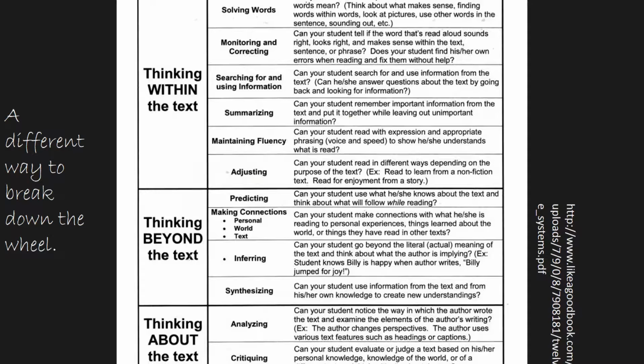It's more of what your student should be able to do with, say, summarizing. Can your student remember important information from the text and put it together while leaving out unimportant information? It helps me to understand what each subcategory meant in the 3 sections. Hopefully it will help you as well.